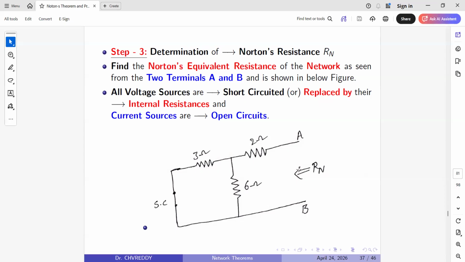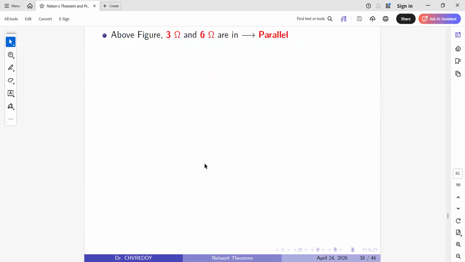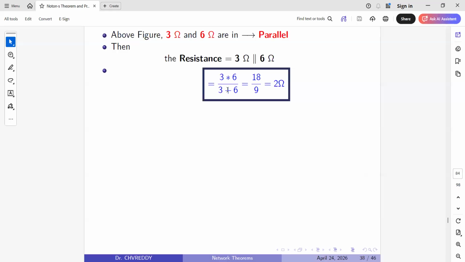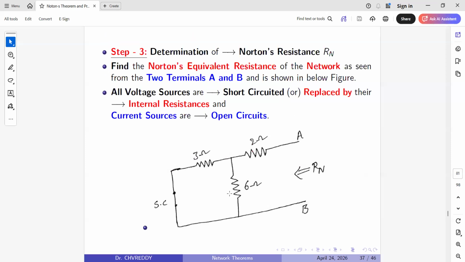And here I am calculating the Norton's resistance from the AB terminal. I am seeing from the AB terminal. If you observe this figure, here 3 ohm and 6 ohm are connected in parallel. Then the resistance is 3 into 6 by 3 plus 6, that is equal to 2 ohm. Now this 3 ohm and 6 ohm are replaced with the 2 ohm resistor.